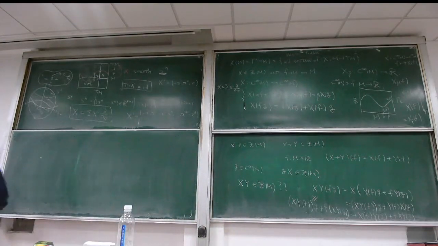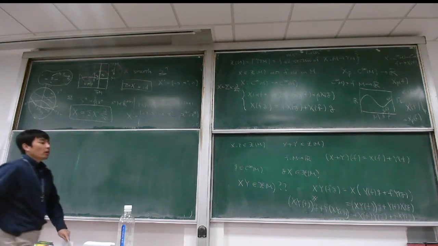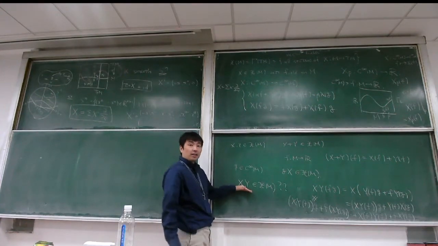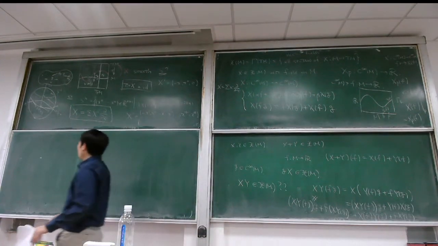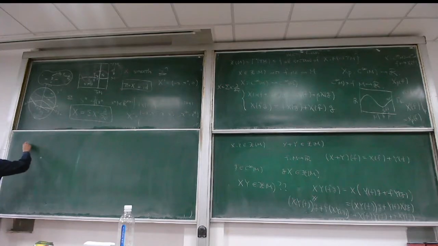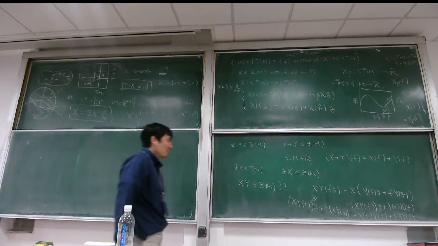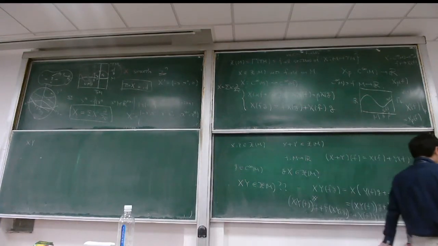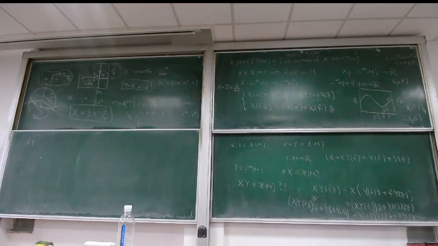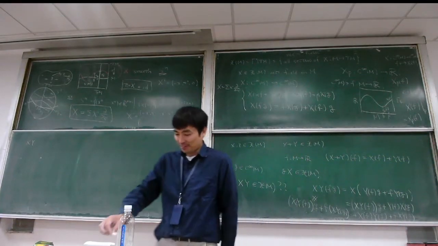But anyway, let's not talk about it. I think you're getting bored. So we already know X times Y is not a vector field. But how about this one? Let's not lose hope. So what we have seen is the extra piece here.